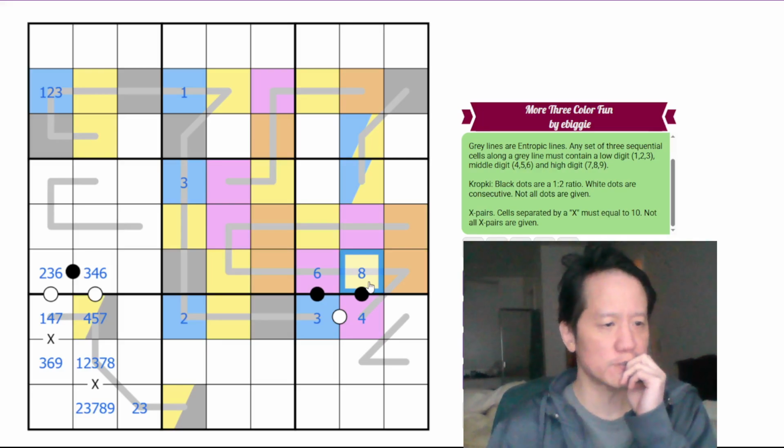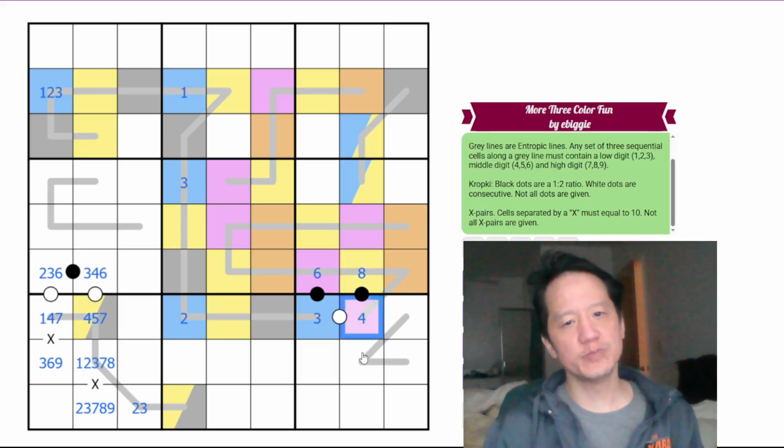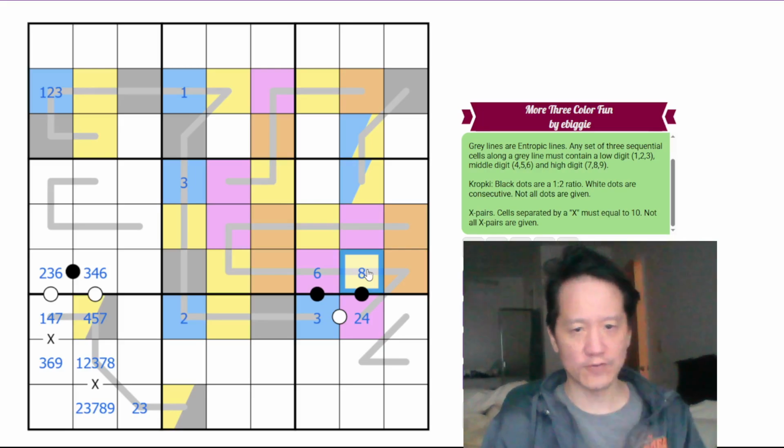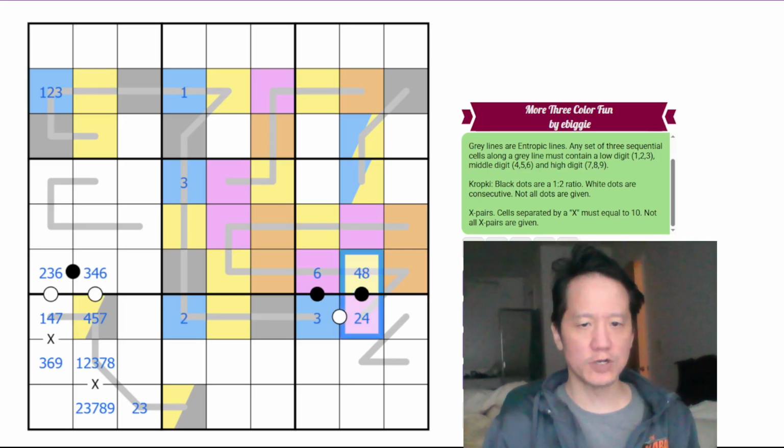That's interesting. So then this could be 2. We'd have 4, 7 here. 3, 6, this would be 1 or 2. But if this can't be 6, this would have to be 4. So one of these is 4 no matter what.